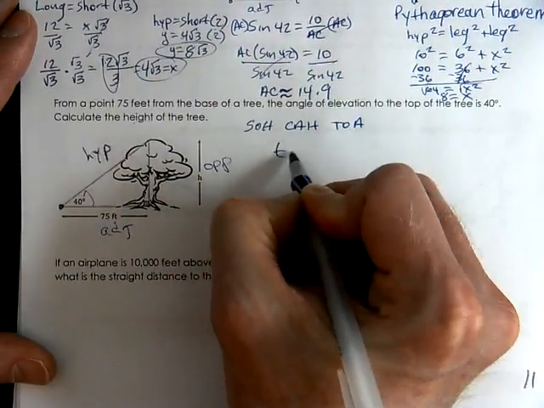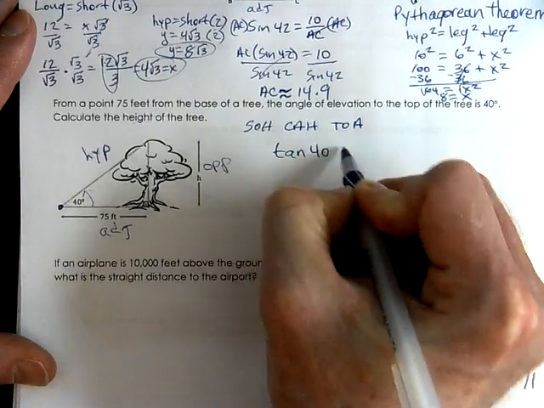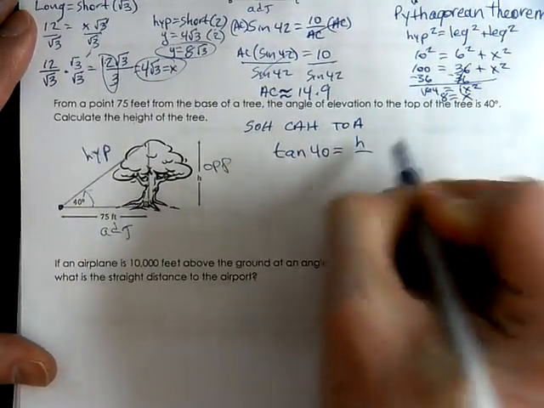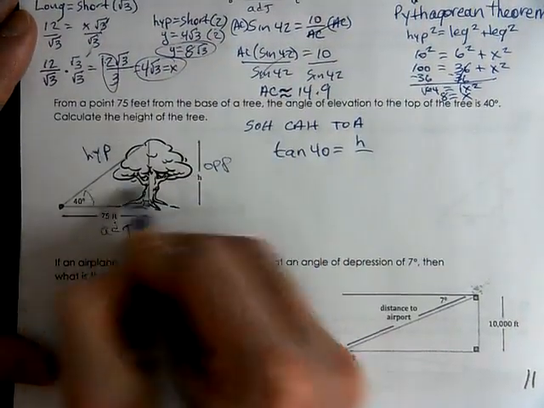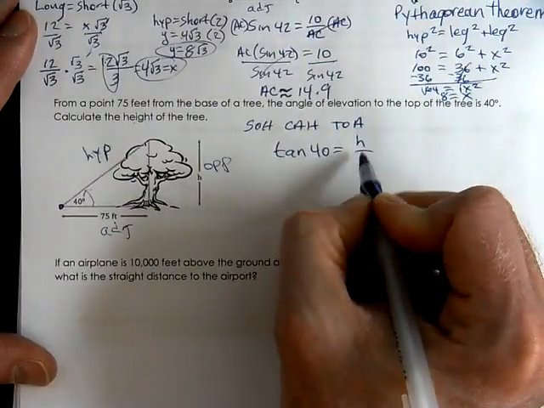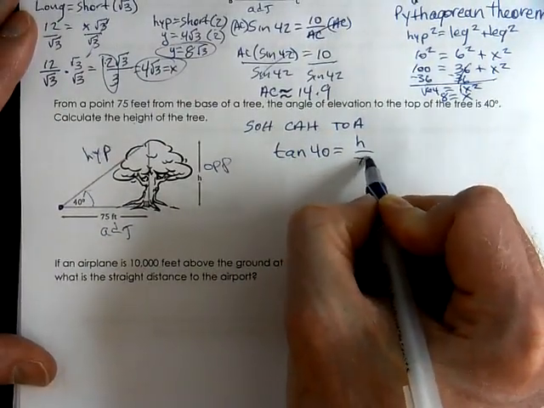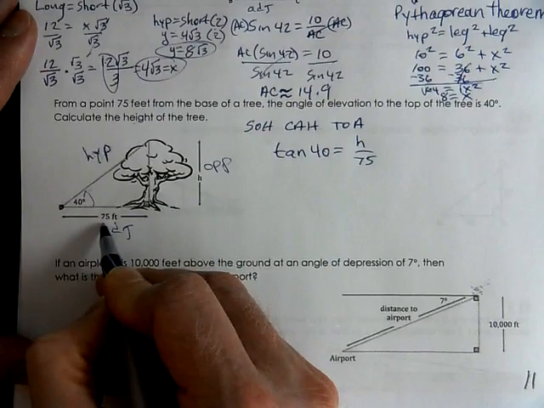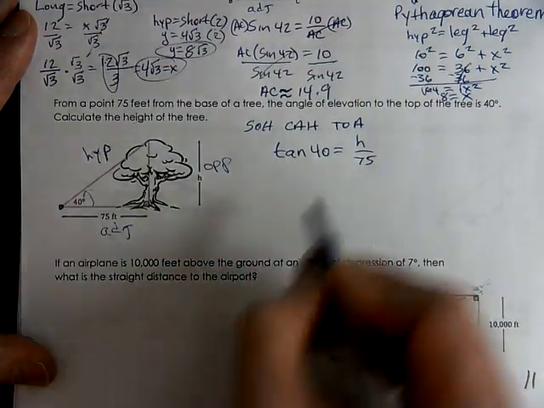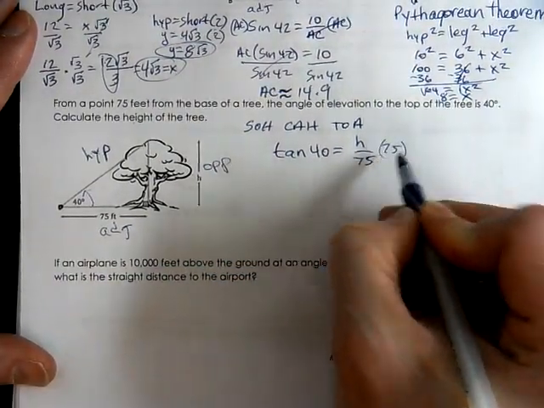So we have to work with the tangent of 40 equals the opposite of that 40 over the adjacent side to the 40, the 75. So we multiply by the denominator.